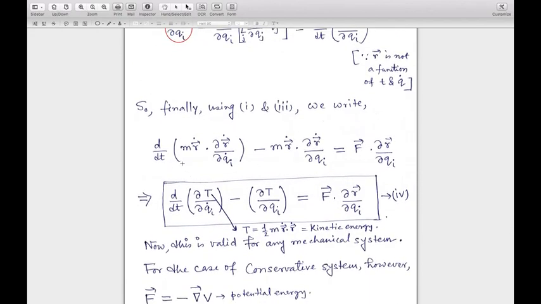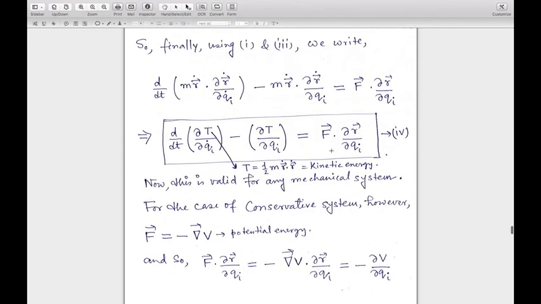Now you can easily write d/dt of ∂/∂q_i dot of half m r dot square, minus ∂/∂q_i of half m r dot square, is equal to F · ∂r/∂q_i.